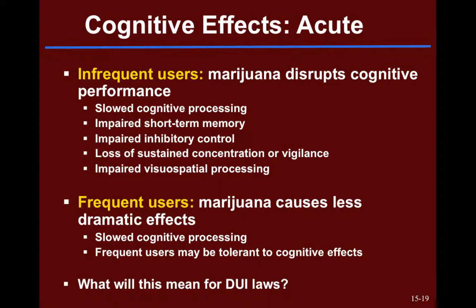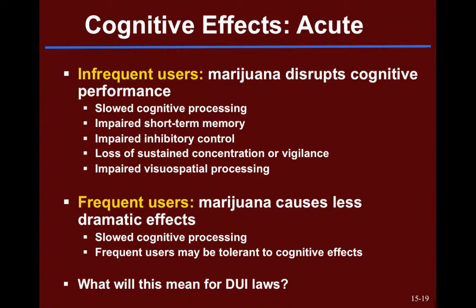The cognitive processes tend to be slower, short-term memory is impaired, and then we also see a loss of inhibition, similar to the effects of alcohol that we've discussed. We also find that users are unable to sustain concentration, and we see some problems with spatial processing, so some problems with geospatial relationships.